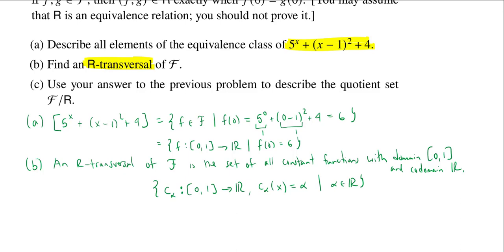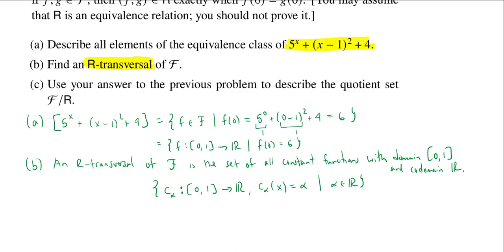Okay, now in part C, we're asked to use our answer to part B to describe the quotient set. So the quotient set is the set of all equivalence classes.